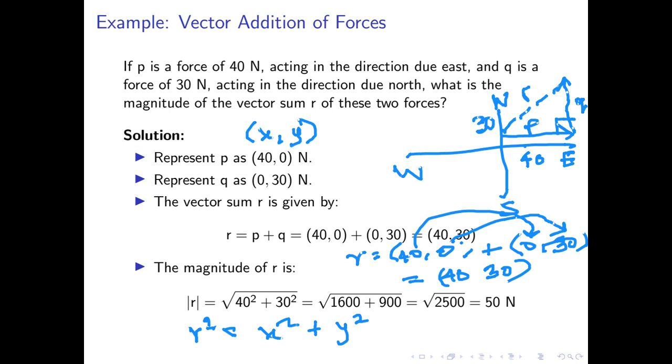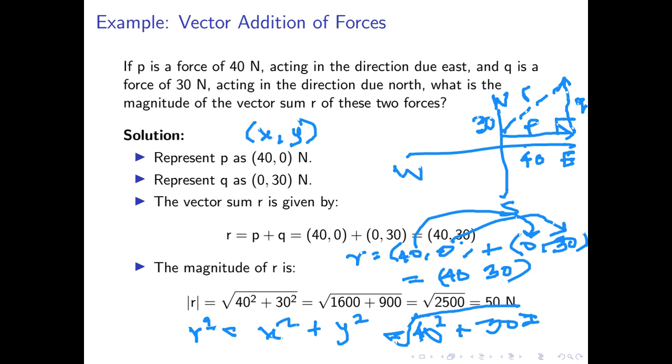That is why we have 40 squared plus 30 squared. In order to have only R, you take the square root of the right-hand side. When you do that, our final answer becomes 50 Newton.